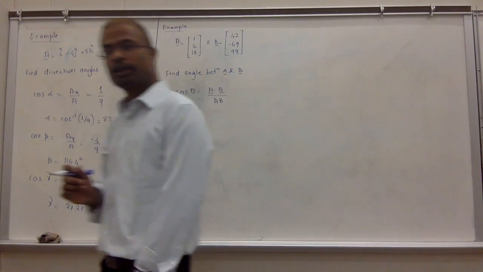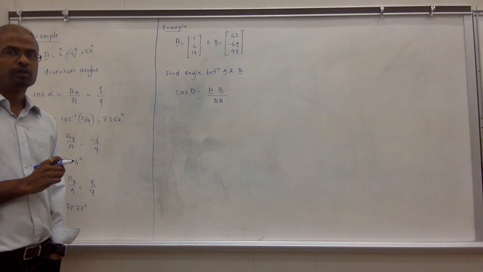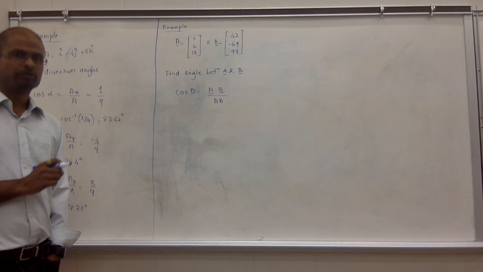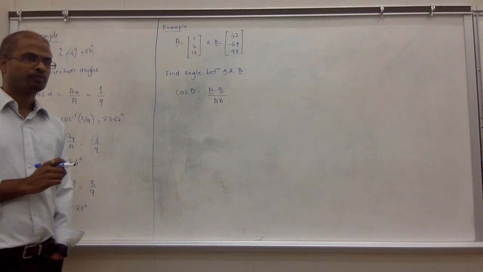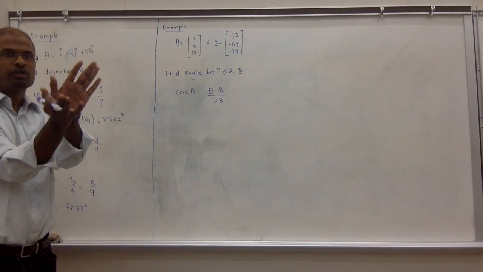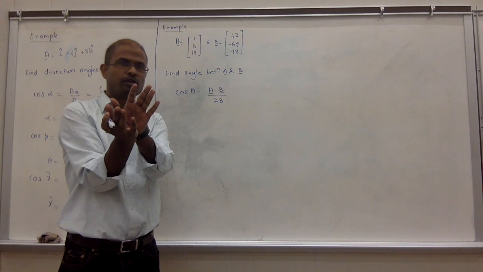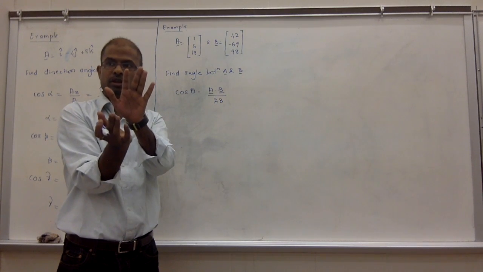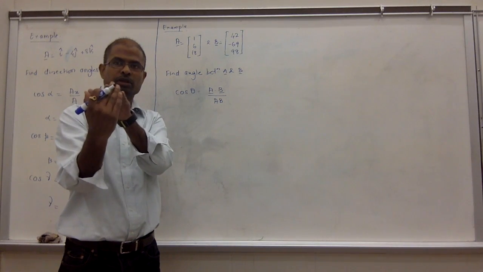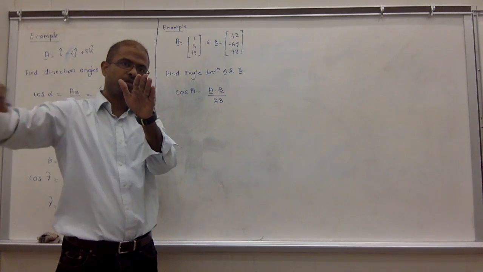How do you add two vectors? You remember the law of parallelogram? Every vector has a tail and a head, right? So you join the tail of one vector to the head of the other vector, and then join the tail of the first and the head of the second.